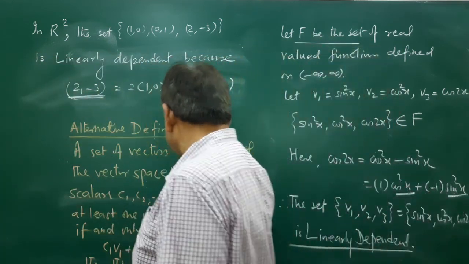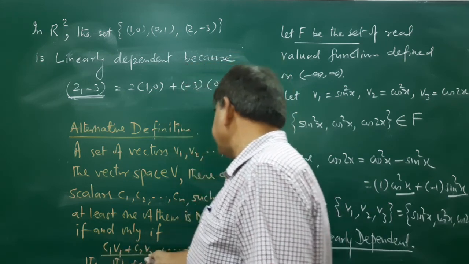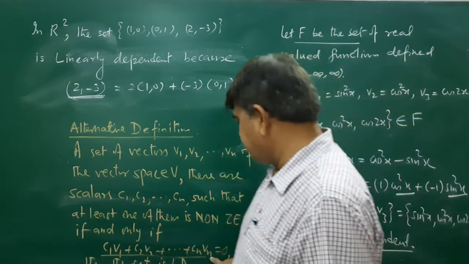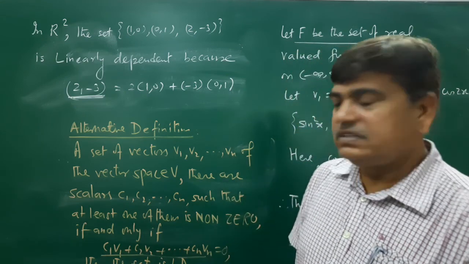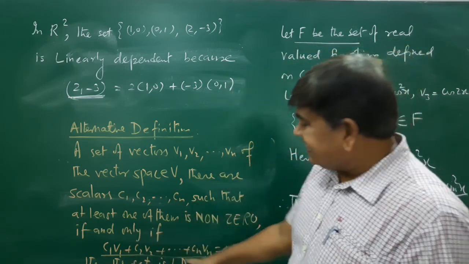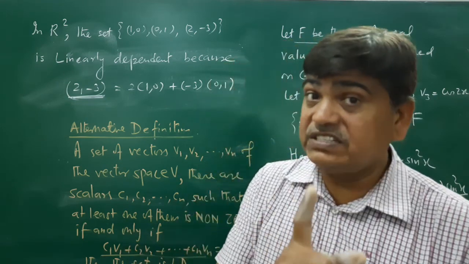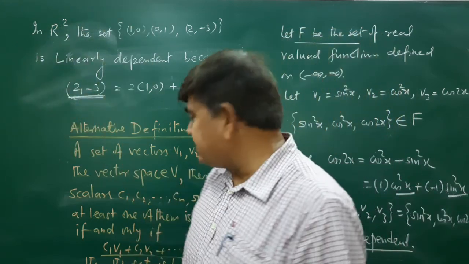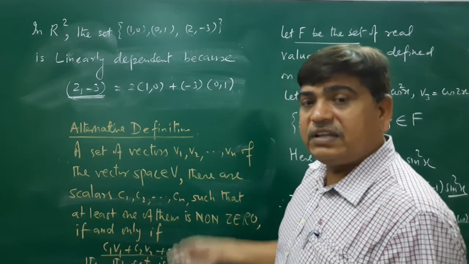Say this is a part of linear combination, you find this one. This whole expression is a member of span. That means if this equals 0 in such a way that at least one scalar is non-zero, maybe 2, maybe 3, up to n, but at least one scalar is non-zero, then this is called linearly dependent.